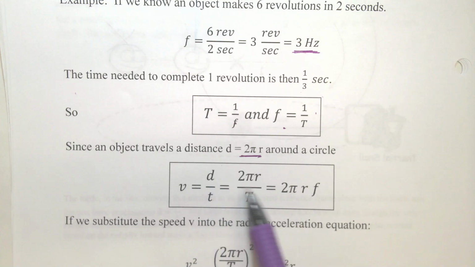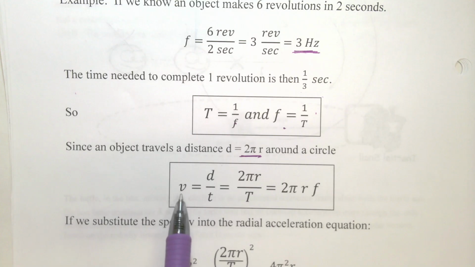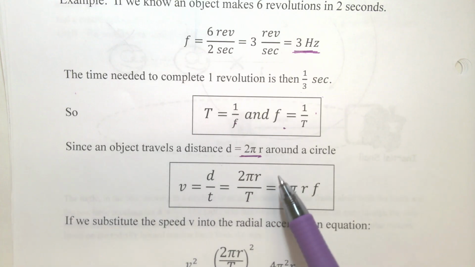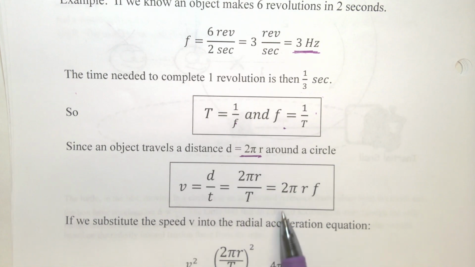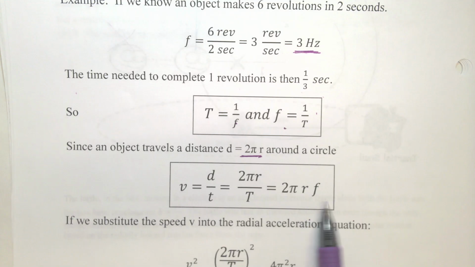But the distance is the circumference, which is 2 pi r, and the time that it takes to complete a circumference is known as the period. So now we can calculate the speed of a circular motion with 2 pi r over the period T. And since frequency is 1 over T, we can represent this the same as 2 pi r f. So these are the exact same things.